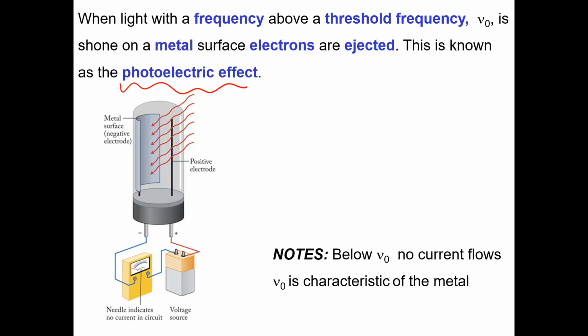And what is found is that if the frequency of the light is above a certain minimum, known as the threshold frequency, then the metal surface will eject electrons. However, if you are below the threshold frequency, you never get any electrons being emitted. And it's observed that every metal has its own characteristic threshold frequency.